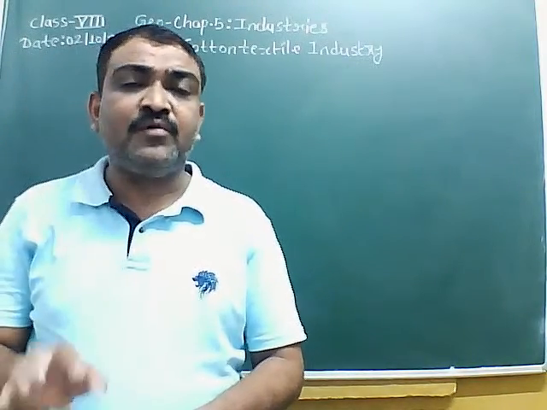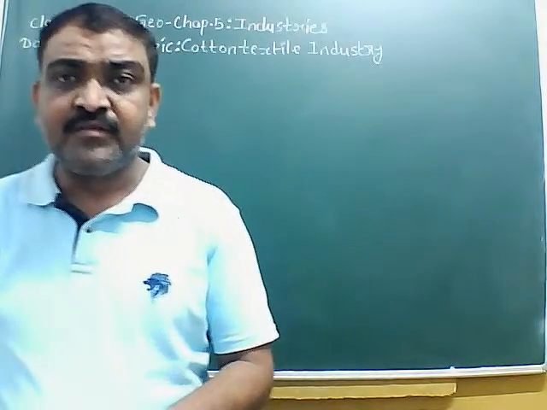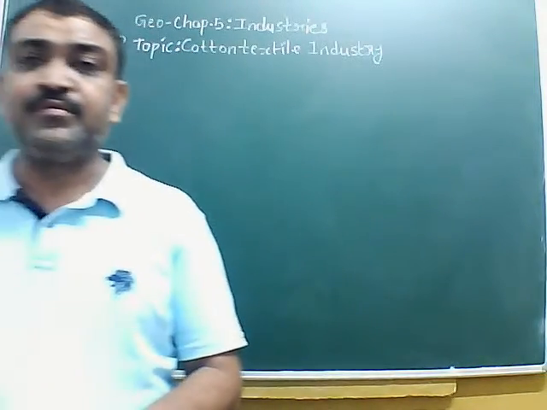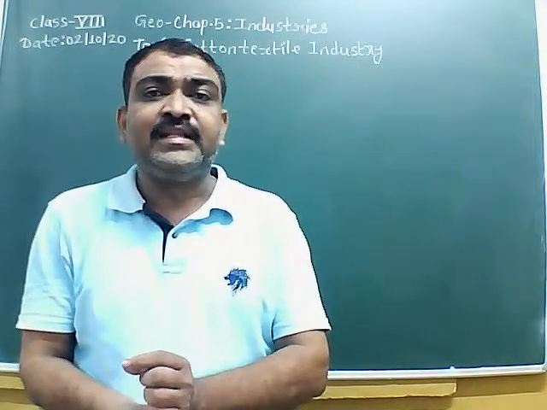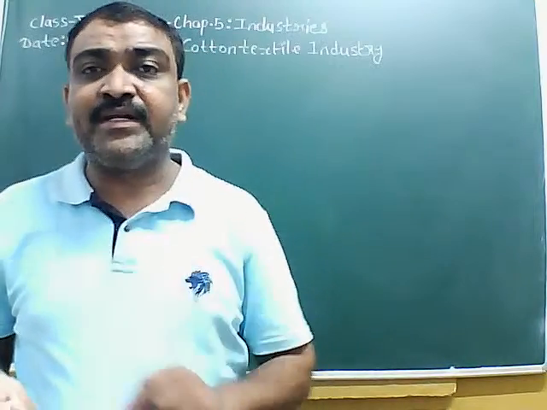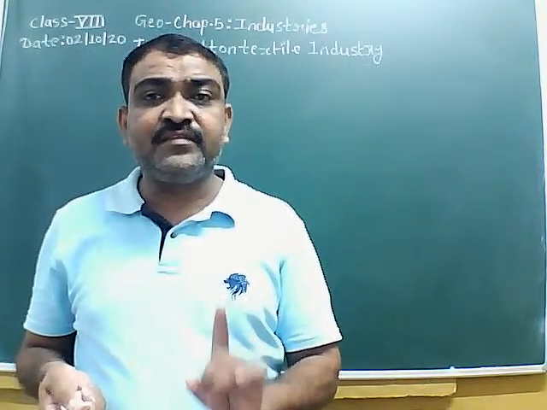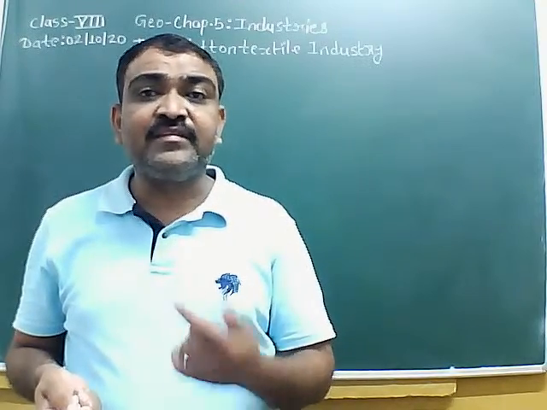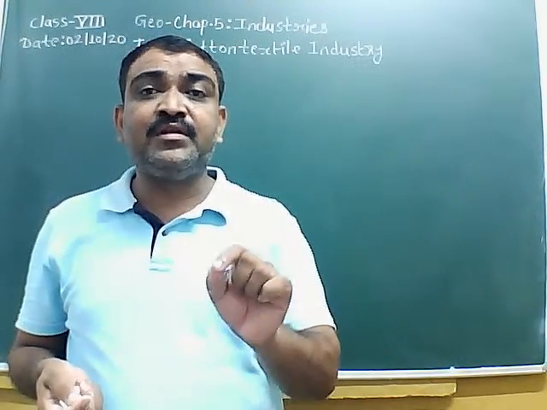Well, we have already discussed a few of the things given in our syllabus or textbook. We discussed that the textile industry can be classified into two categories. One category is the textile industry which uses natural fiber.